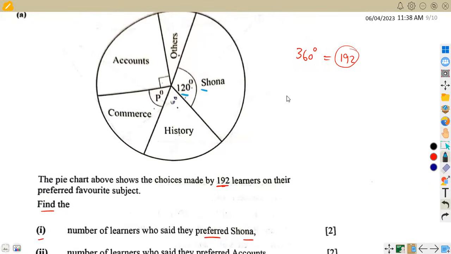So we are going to have 120 degrees over 360, the total, times the total number of students. This is going to give us the number of students for Shona, which is 64 learners. Or you can just use proportion: 360 is equal to 192, 120 is equal to what?